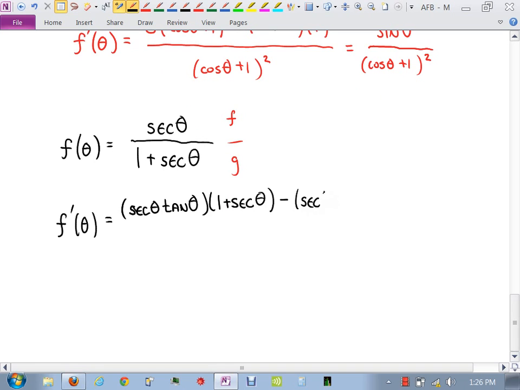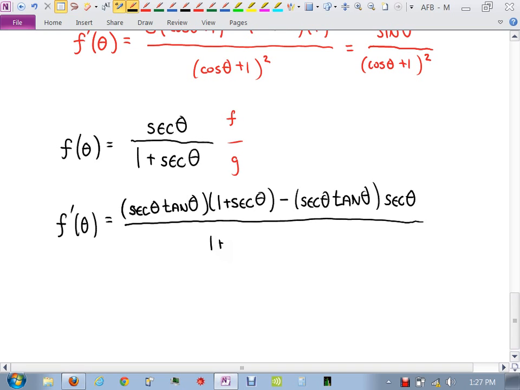Secant theta tangent theta, right? Because the derivative of the 1 on the bottom is 0, plus derivative of secant theta, which is secant theta tangent theta, all times the top, secant theta, all over 1 plus secant theta squared.